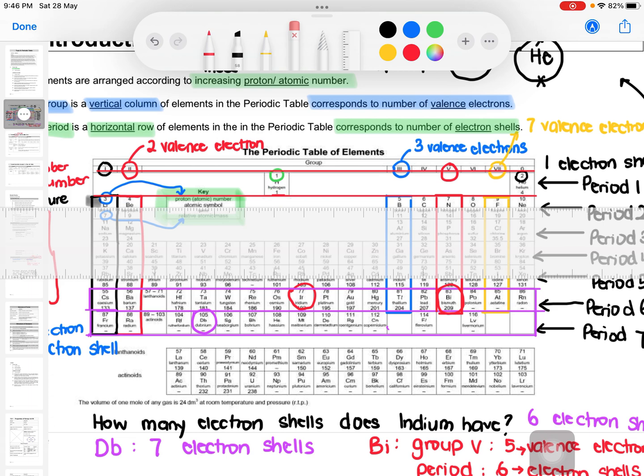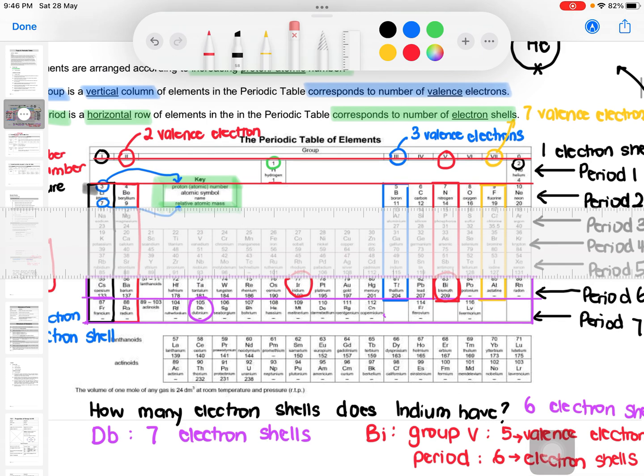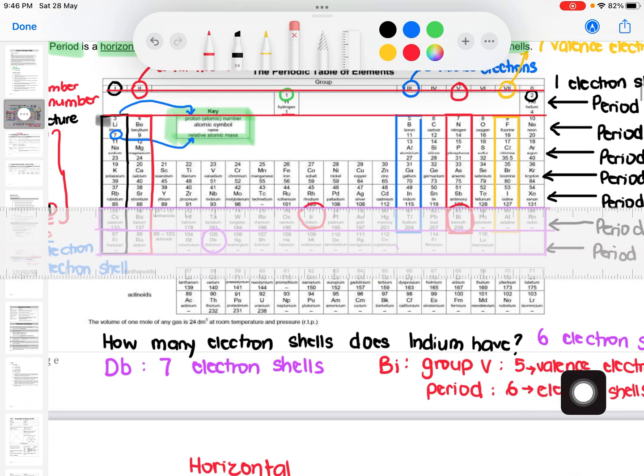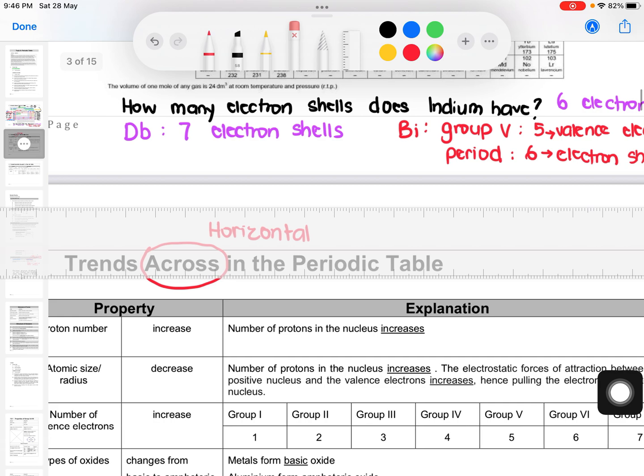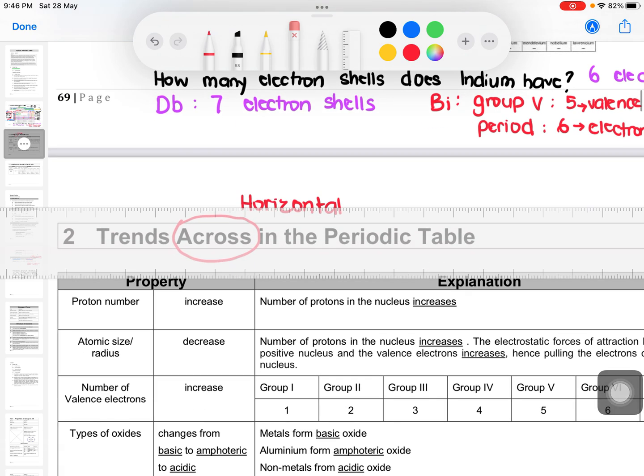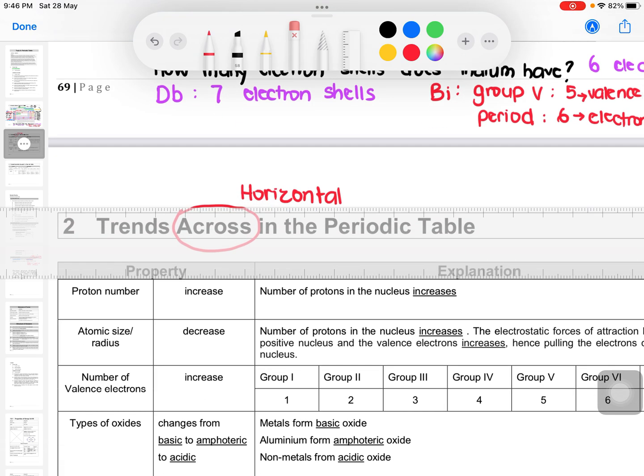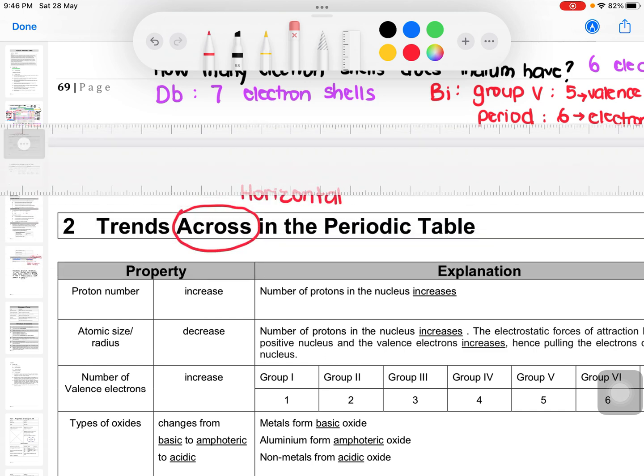First, hydrogen has a proton number of 1, helium has a proton number of 2. As I move on, lithium has a proton number of 3, beryllium has 4, boron has 5, carbon has 6. So this explains that the number of protons in the nucleus increases. Okay, this section on atomic radius you can cancel because it doesn't apply to you. So you can cancel this.